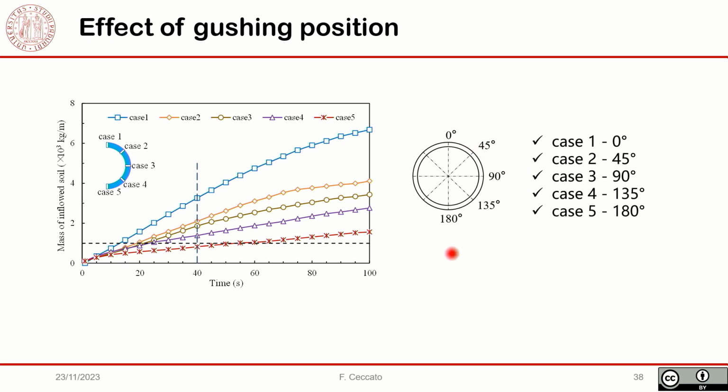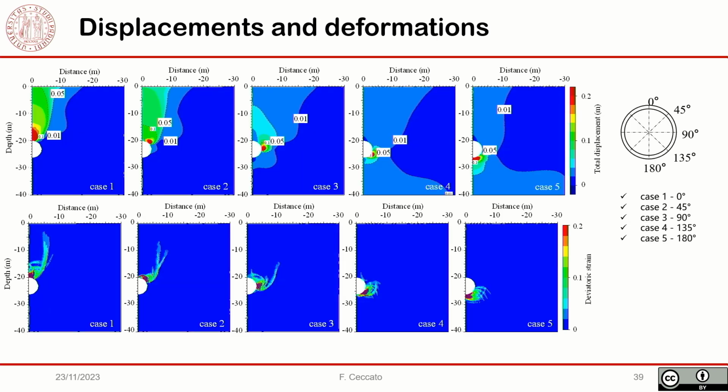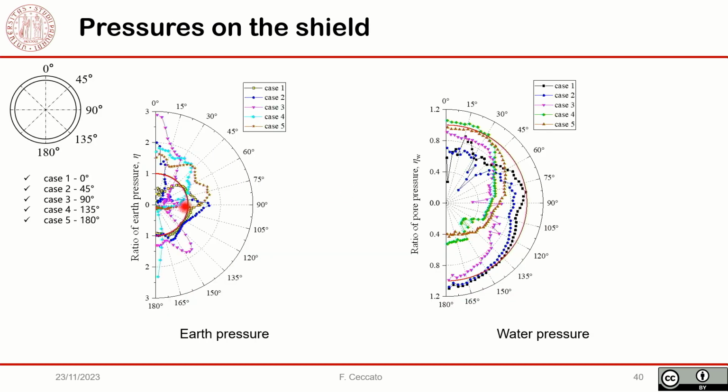We then explored different locations of the gashing, from the angle 0 at the top to 180 at the bottom, and this clearly affects the rate of soil gashing, but also the contour of displacement, which is completely different in these three cases, and also the distribution of earth pressures. So this is information that could be useful for evaluating the stresses and the deformation of the tunnel itself.